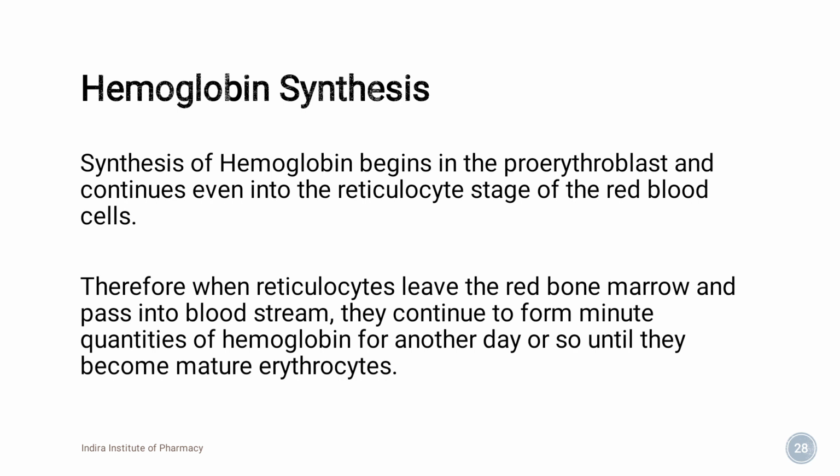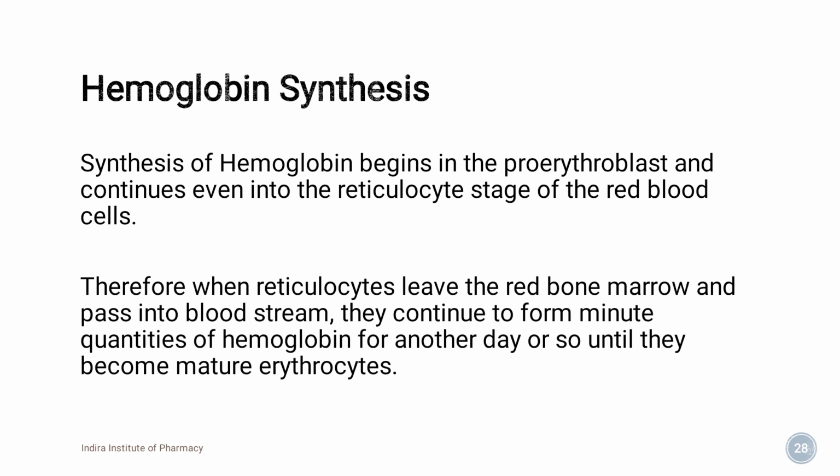Synthesis of hemoglobin begins in the proerythroblast, as we have seen. As the cells become mature, the content of hemoglobin keeps increasing and continues even in the reticulocytes.